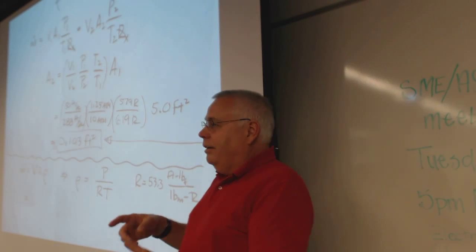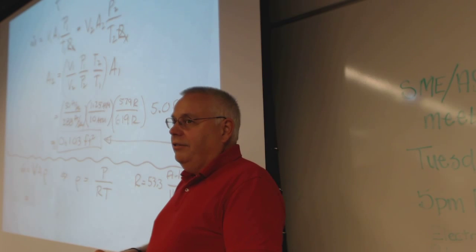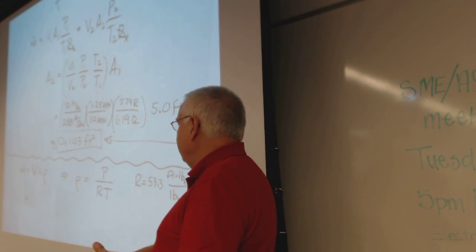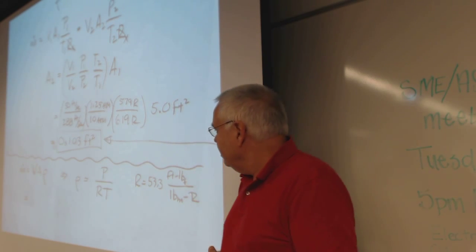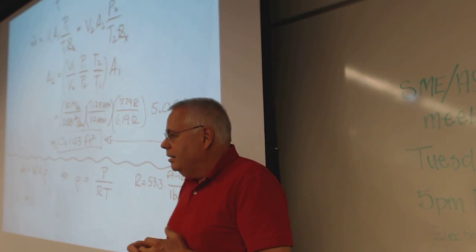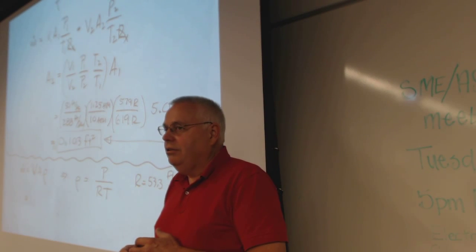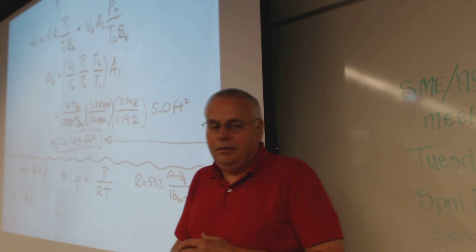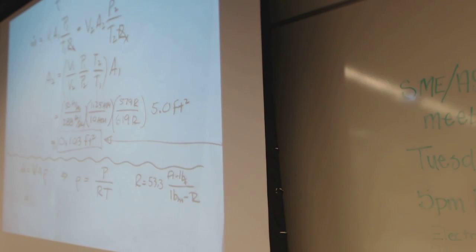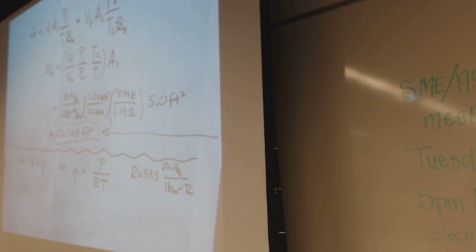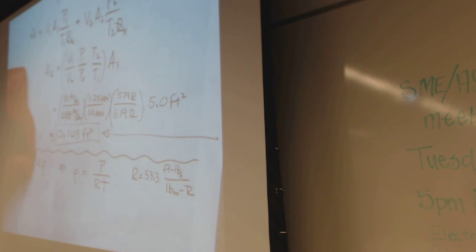We've answered the question, how fast is it going and how big does the nozzle have to be for it to go that fast? Another question we could ask is, what is the mass flow rate through it? Just exactly how big a fan would we need? Now we'll need to do the calculations. I'm going to do it for the inlets, about 50 feet per second.